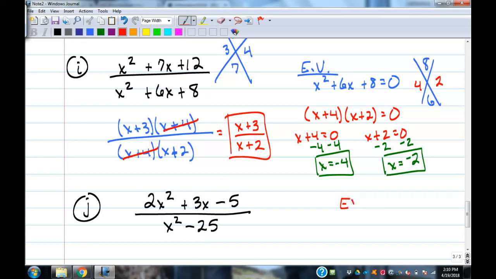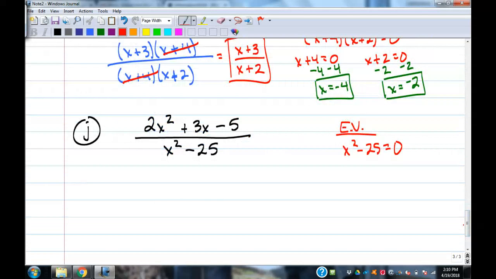Okay, so let's get our excluded values first. There are a couple of ways to solve this. What method do I want to try to use to help me out later on? Factoring. What do we know about x squared minus 25?